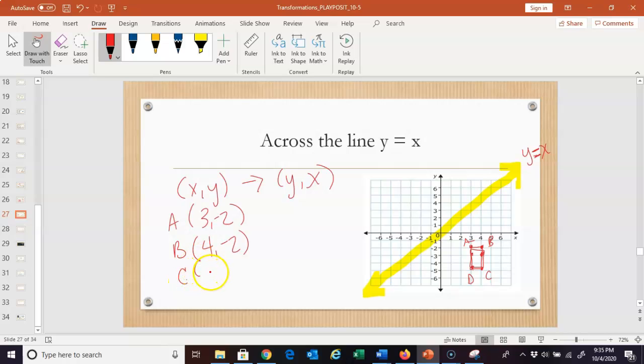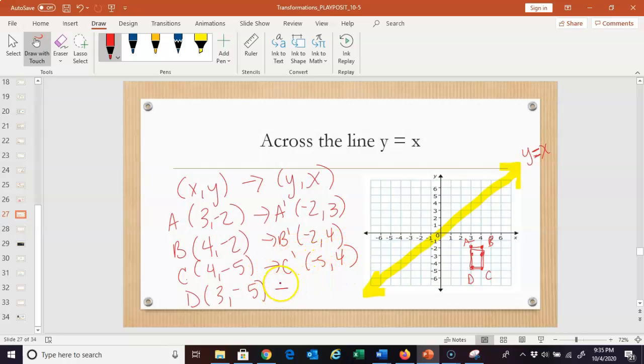C is 4, negative 5. And D is 3, negative 5. So to get the image A prime, let's switch those coordinate points. B prime, we're going to switch them. We're going to switch the X and Y. All right, now let's plot the points and see what happens.